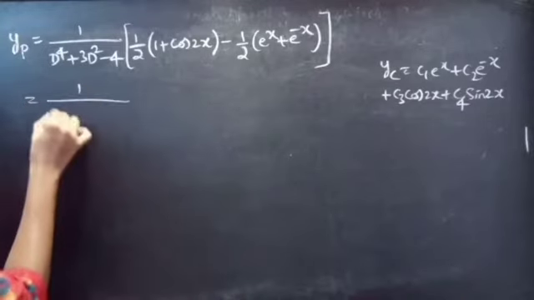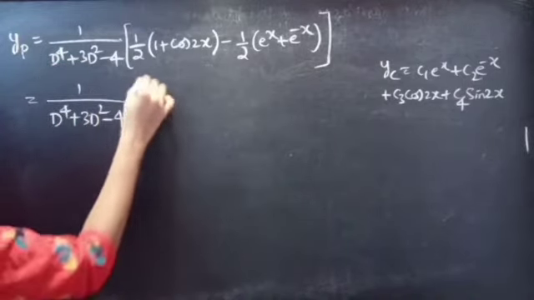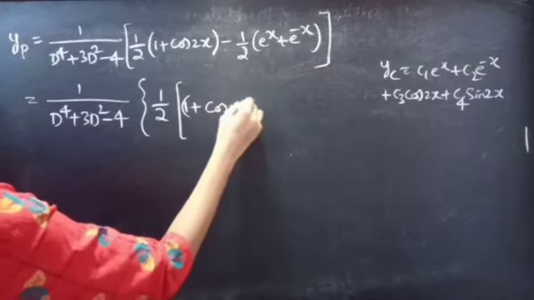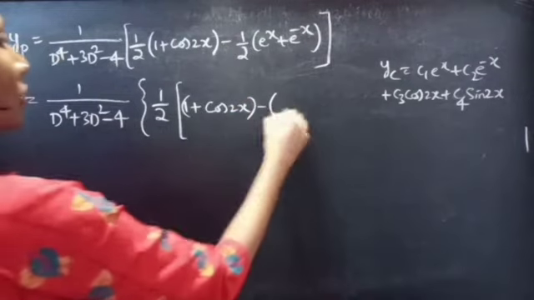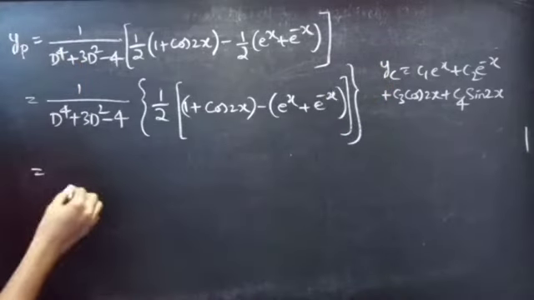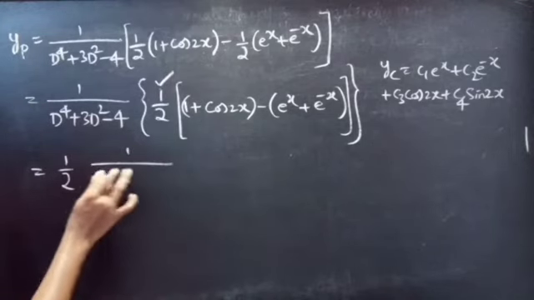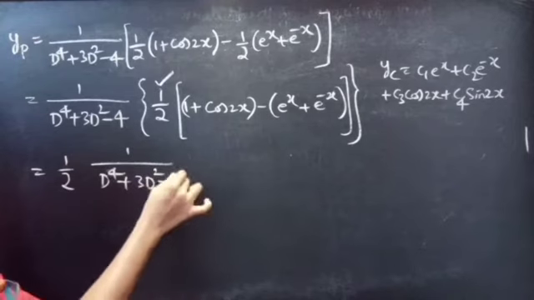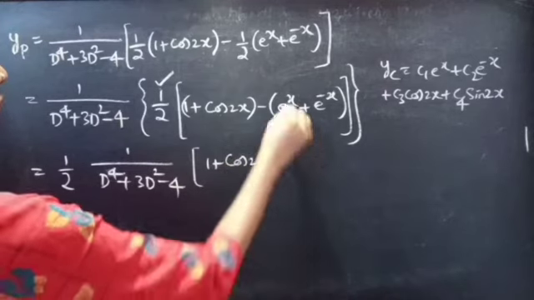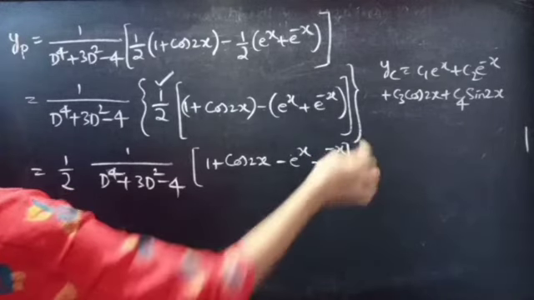Then we'll get 1 by D power 4 plus 3D square minus 4 into 1 by 2 into 1 plus cos 2x minus, of e power x plus e power minus x. Right? Again, you can write it as 1 by 2 constant into 1 by D power 4 plus 3D square minus 4 into 1 plus cos 2x minus e power x minus e power minus x.